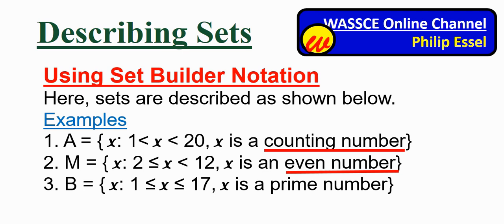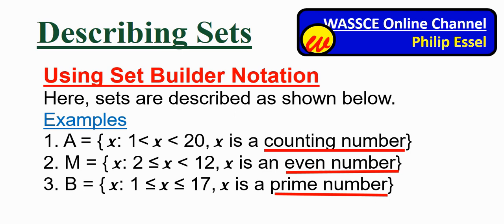So first, we know that the elements or members of the set B are prime numbers. We are also told that x is greater than or equal to 1 and less than or equal to 17. So what this means is that the members of the set B are prime numbers greater than or equal to the number 1 and less than or equal to the number 17.